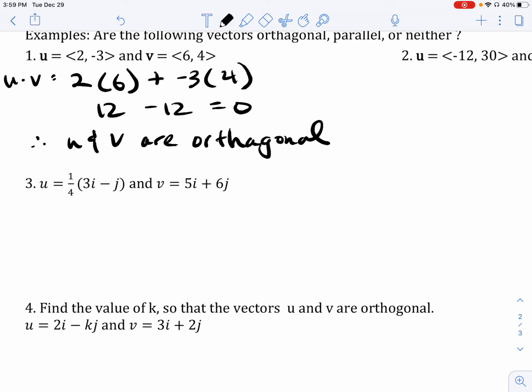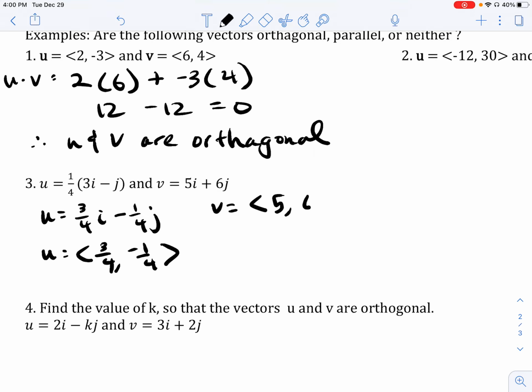Similarly, if two vectors are orthogonal, that means they're perpendicular, meaning their slopes should be opposite reciprocals of one another. So u here would be written as 3/4 i minus 1/4 j in standard form. U in component form would be 3/4, negative 1/4. And vector v in component form would be 5, 6.